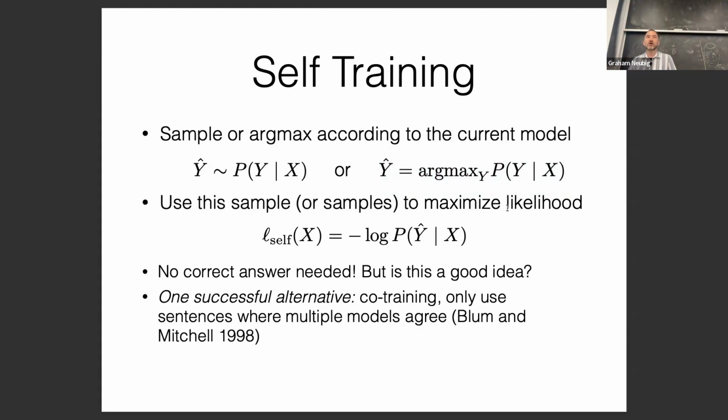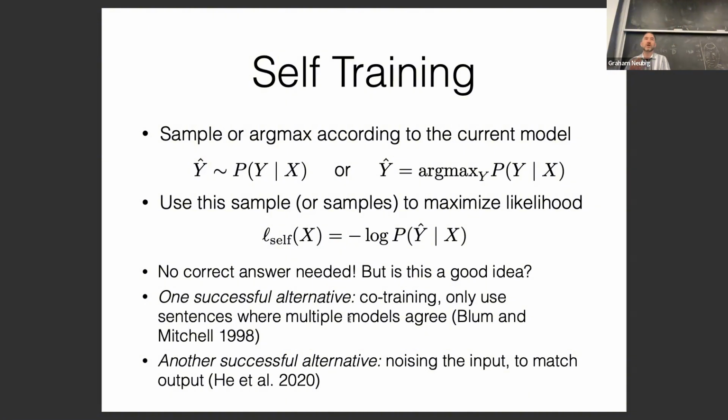There's a method called co-training, where we only use outputs where multiple models agree on them. So we generate an output from two models, maybe weaker models, and we find the ones where both models agree on the output or have high agreement scores, and use only those to do self-training, and that can help significantly.